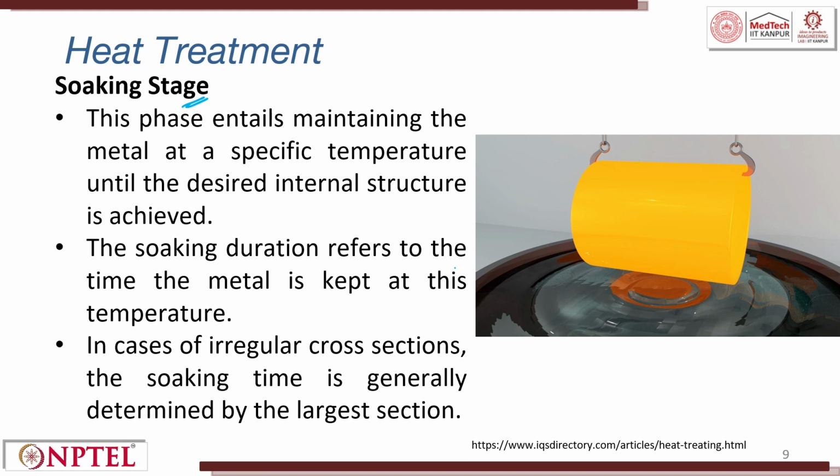The soaking duration refers to the time the metal is kept at a constant temperature. In case of irregular cross sections, the soaking time is generally determined by the largest cross section. For example, you have something like a funnel. This area dictates the soaking time.